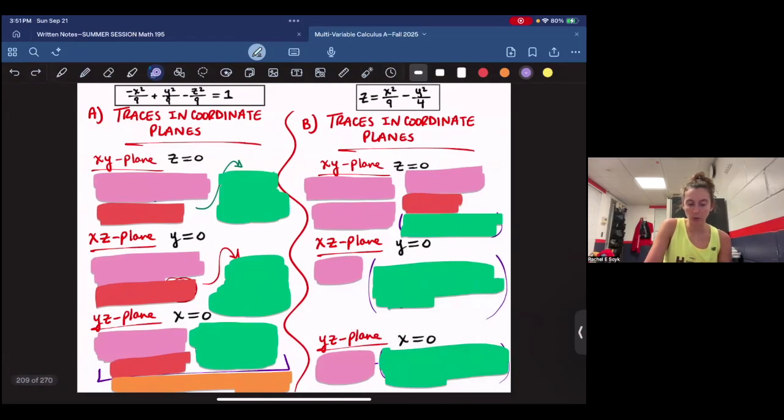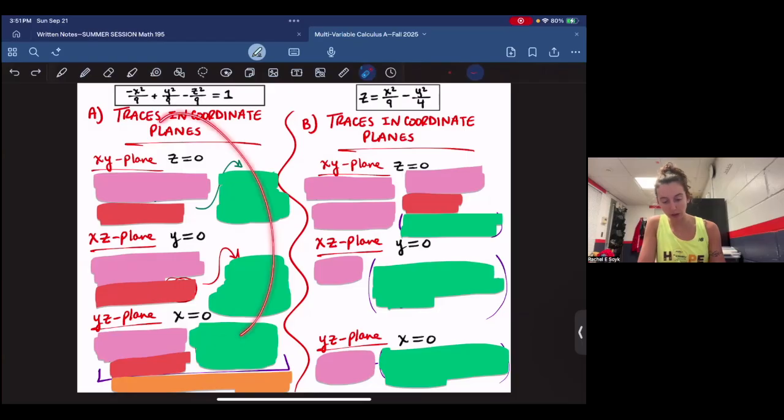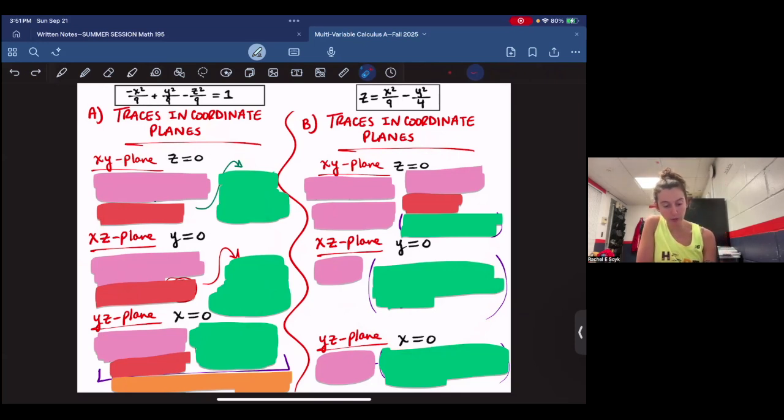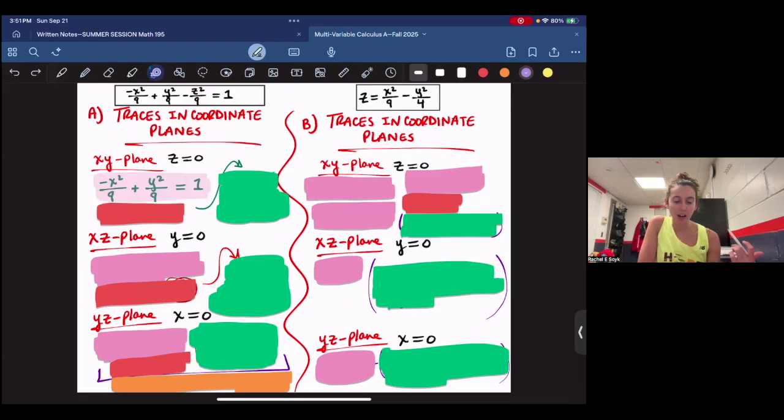So I'm going to go over to the next slide, and we have our hyperboloid of 2 sheets for our part A, and then we have our hyperbolic paraboloid for our part B. And so in our first case with part A, we're going to look at our xy plane when z is equal to 0. So plug in 0 for z, and what do we end up getting? We get negative x squared over 9 plus y squared over 9 is equal to 1.